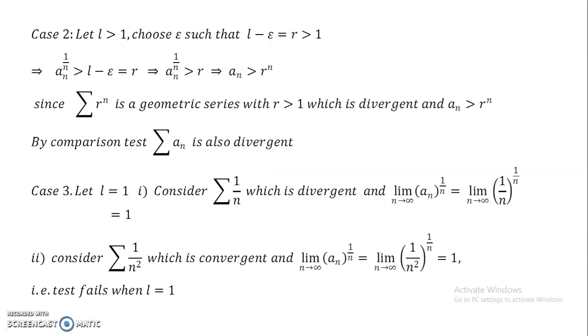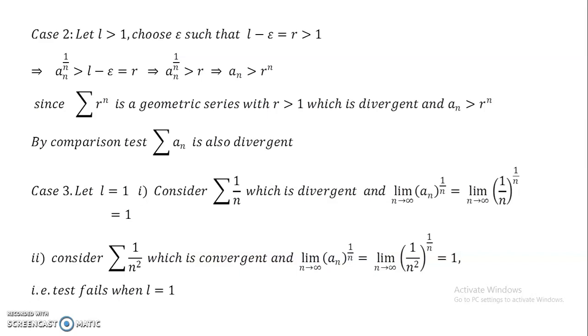Now take the second case, in which the limit of an^(1/n) as n approaches infinity is L, and L is greater than 1. We choose epsilon such that L minus epsilon is R, which is greater than 1, since L is greater than 1.